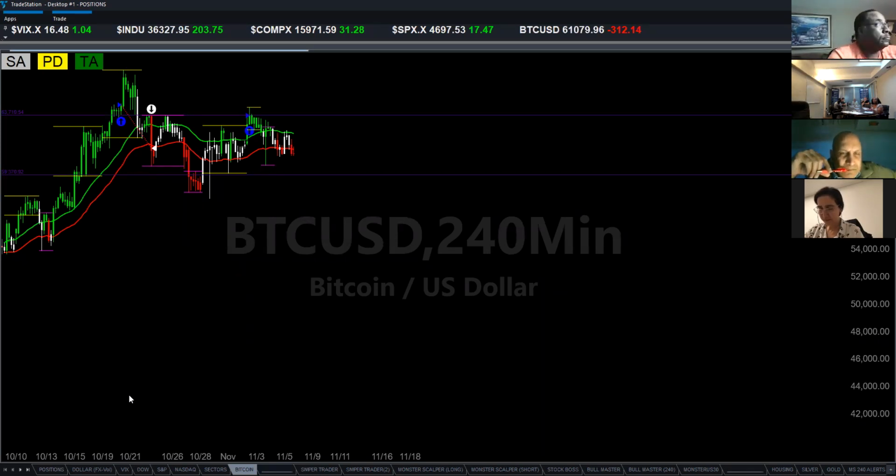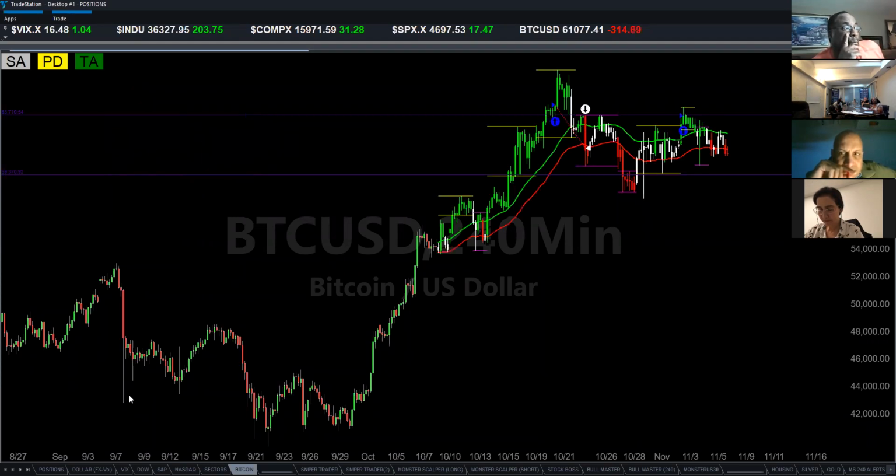This is what Bitcoin is doing right now. It's consolidating between support and resistance. Here was our previous buy signal on the break of this resistance, and it failed. We had another buy signal on the break of resistance right here, another one right here, and it's still holding, but it will probably fail.